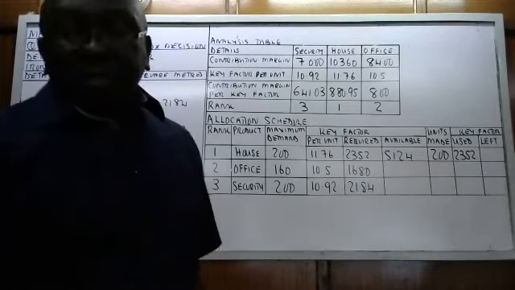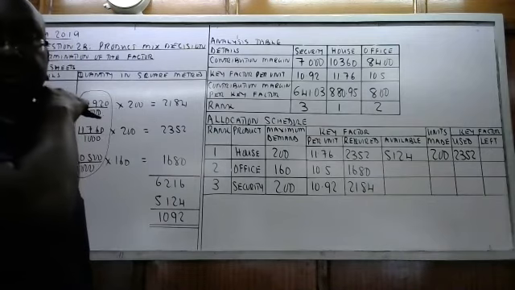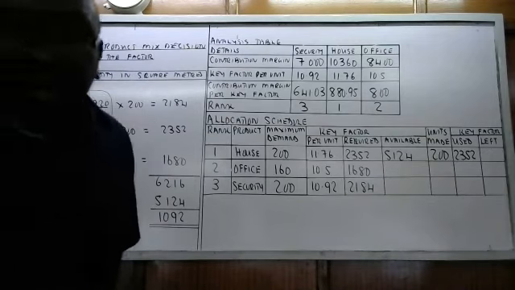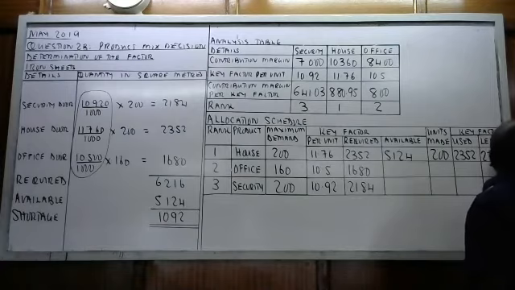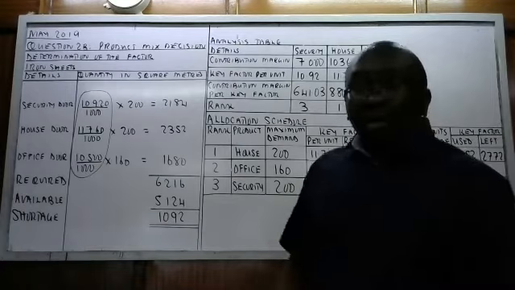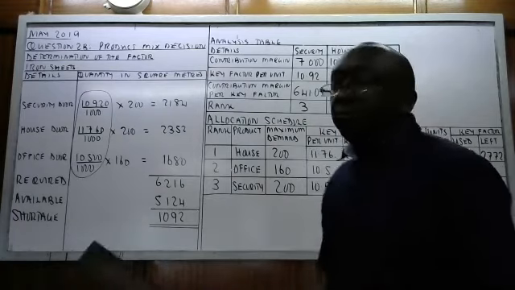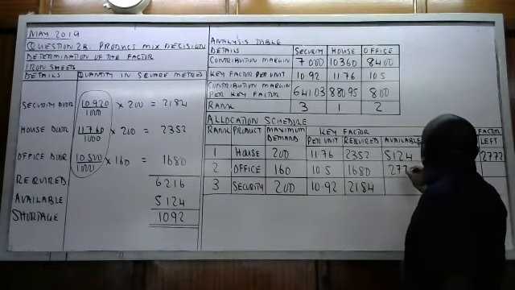How many square meters will remain? 2772. Good. So what remains from number 1 becomes available for number 2. So hiyo ndio unaleta hapa. 2772.